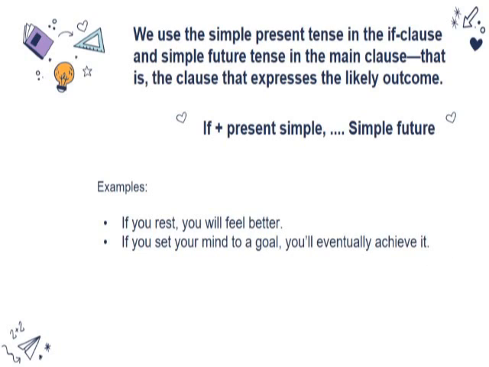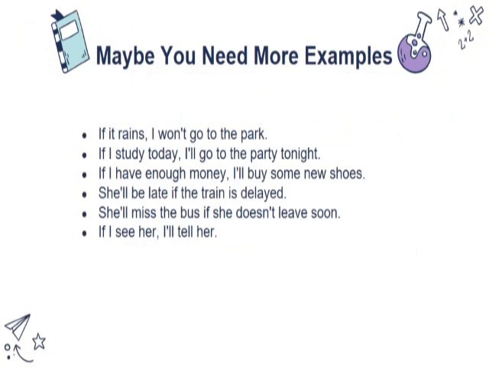Here are other examples that you can consider to help your understanding. The first one, if it rains I won't go to the park. This is simple present for rains, and won't is will not, which is simple future.